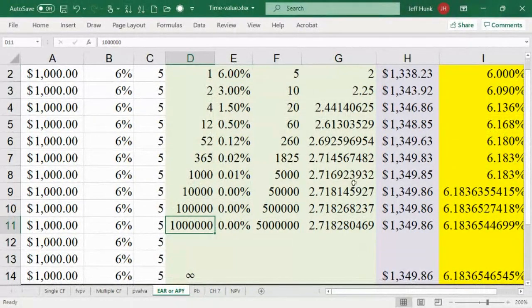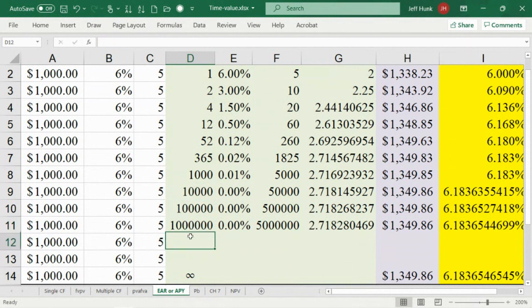I mean, already from like 10,000, it is already 2.718, and then 100,000, 2.718, 1 million, 2.718, right? If you do more, it doesn't matter.